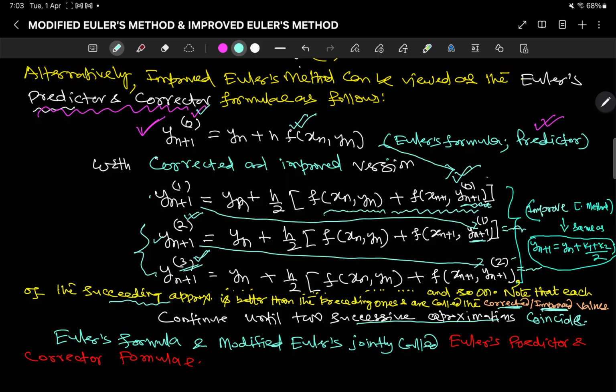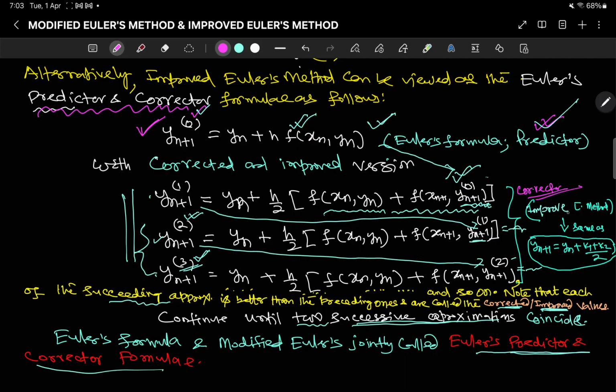So we continue this till the successive approximations coincide. This is my Euler's method, this is my improved Euler method. Jointly they are called the Euler's predictor and corrector formula, because this is my predictor and this is my corrector.